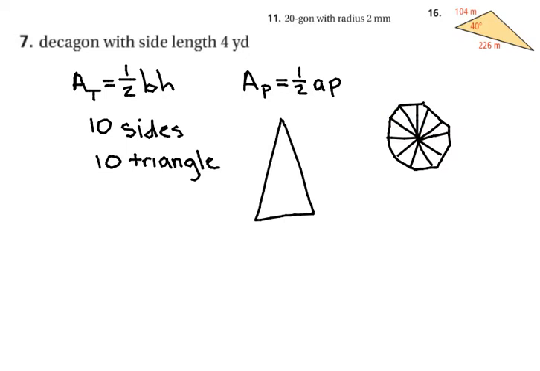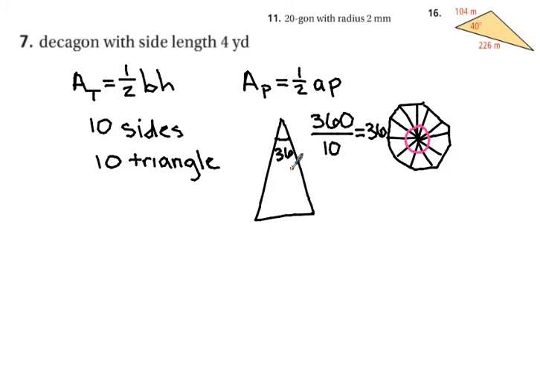I want to figure out what the angle of one of those tops is. Well, as I go around in a circle, I know that there's a total of 360 degrees. And I know that I have 10 of those triangles. So each one of these triangles is going to have an angle of 36 degrees up top.